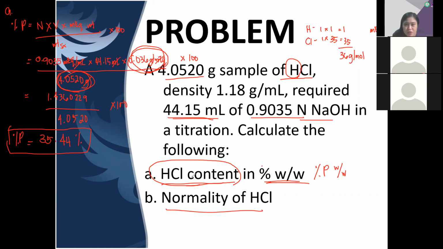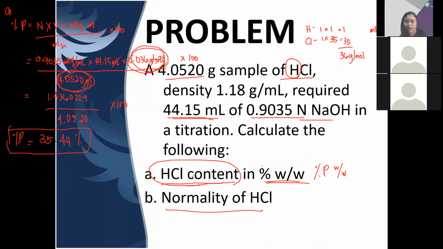For solutions, we are solving percent purity also. Yes, that is possible too. But we are going to do that using titration. We will titrate.